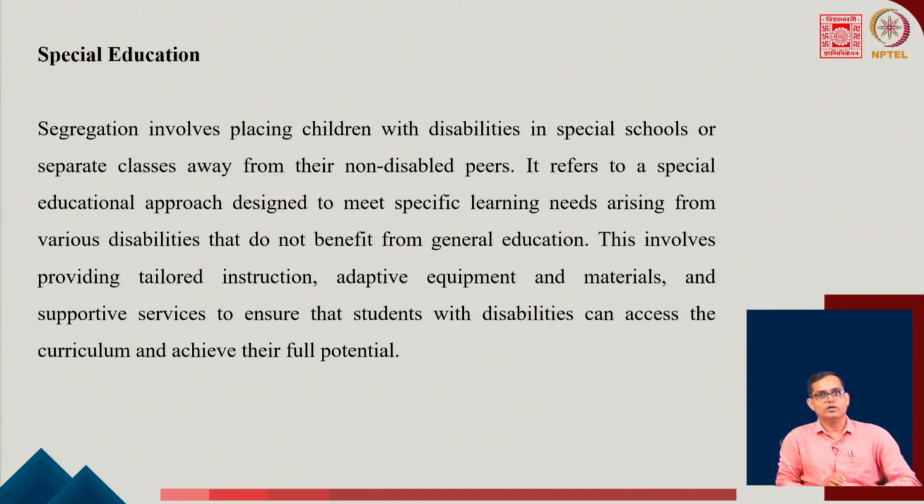Let us discuss about special education. Segregation or special education involves placing children with disabilities in special schools or separate classes away from their non-disabled peers. It refers to a special educational approach designed to meet specific learning needs arising from various disability that do not benefit from general education.